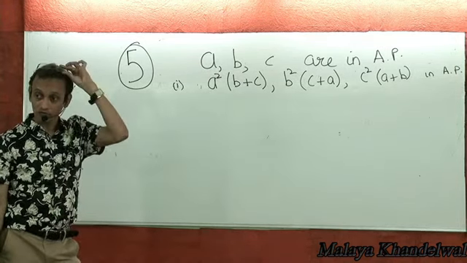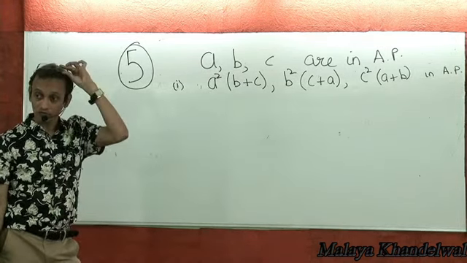Now, I claim the sequence of common terms between the two APs will have a common difference which would be the LCM of the common differences of this and this.